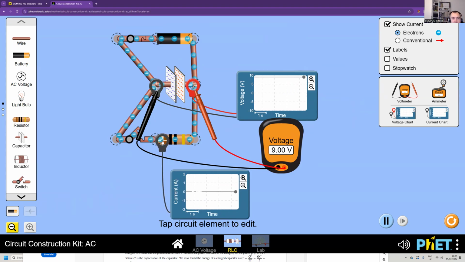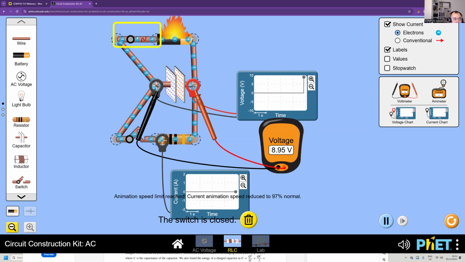Now I open this switch, the capacitor is still charged, the voltage is 9, and now I discharge the capacitor through the bottom resistor. The voltage quickly drops to 0. So the capacitor is now discharged. Now I can charge the capacitor once again, and then discharge it again.